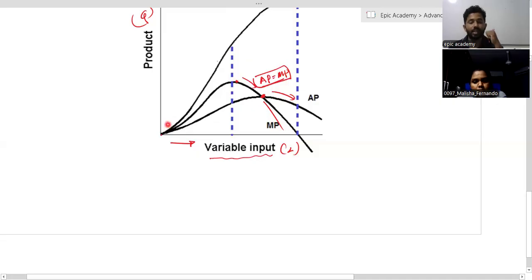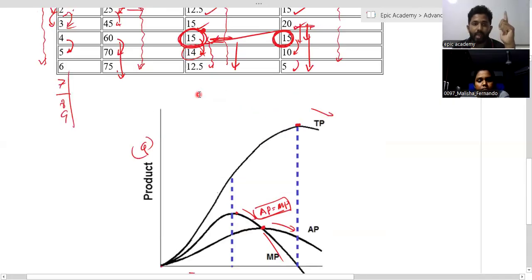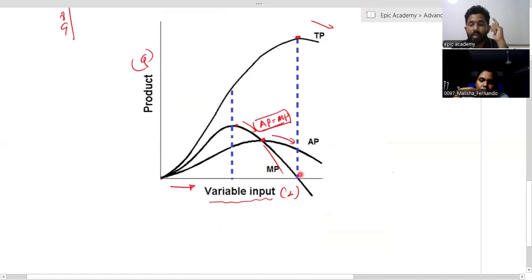Okay. When the total production reaches the maximum point, marginal production becomes 0. That is a law. No one can change it.